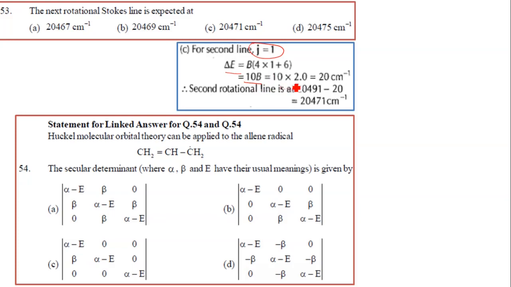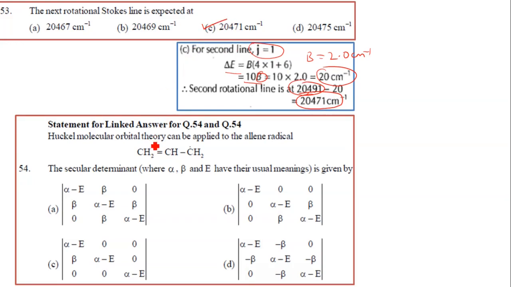Here 10 into B, with B equal to 2.0 centimeter inverse, which we already calculated. So you substitute here, you will get 20 centimeter inverse. Now the second rotational line is, you subtract from this frequency, 20,491 minus 20, you will get 20,471 centimeter inverse, and C is the correct answer.